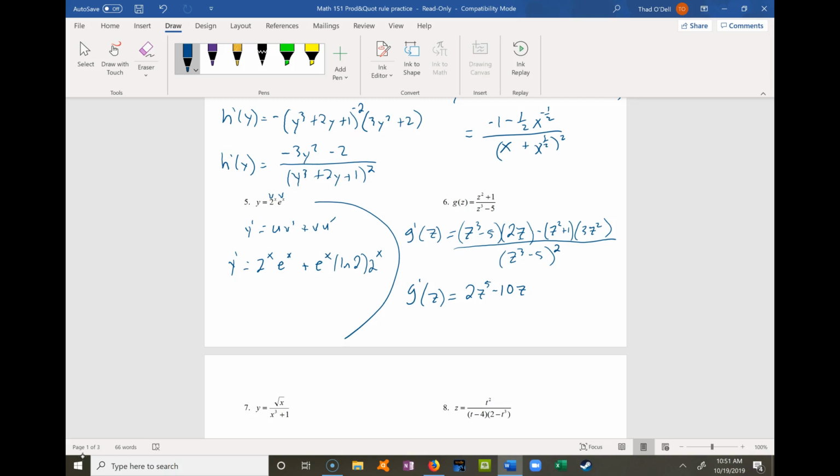And notice there's a negative right there, so you got to be careful about that. So I'm going to multiply 3z squared times z squared, but it's also negative. So that'd be a negative 3z to the 4th. And I'm multiply 3z times 1, but again, that negative applies to it, so that'd be a negative 3z squared. And that's all over z cubed minus 5 squared.